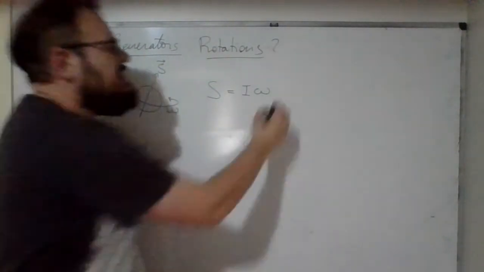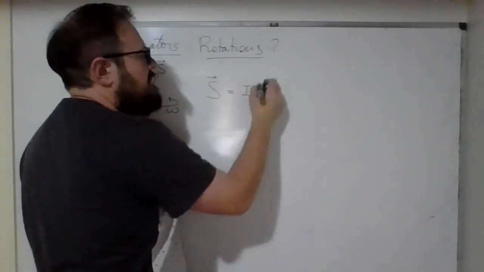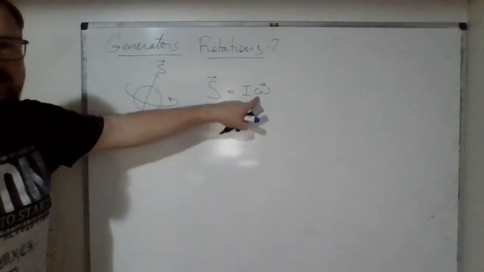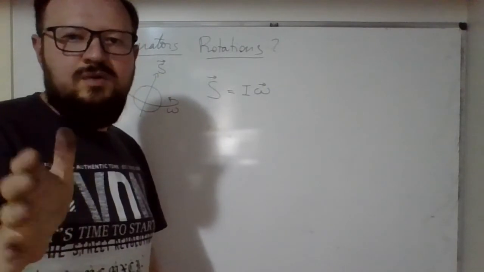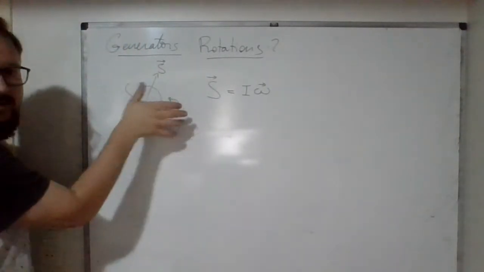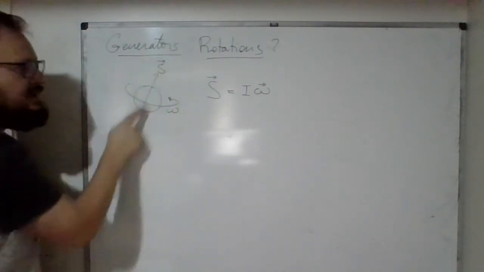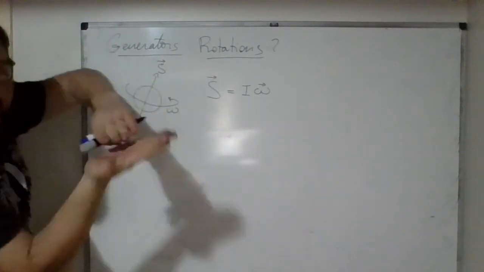In this case, the vector can be calculated by attributing to omega some vector character. If you consider a right-handed screw, you can rotate by the right-hand convention.